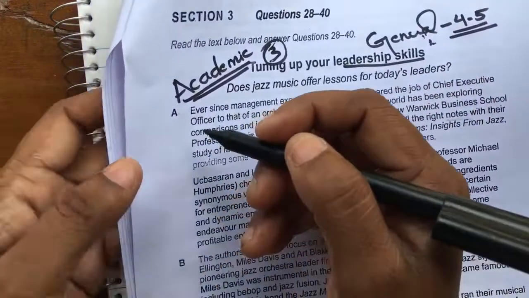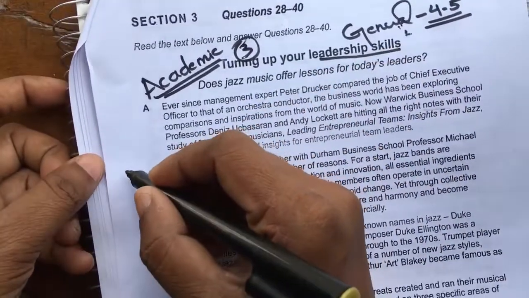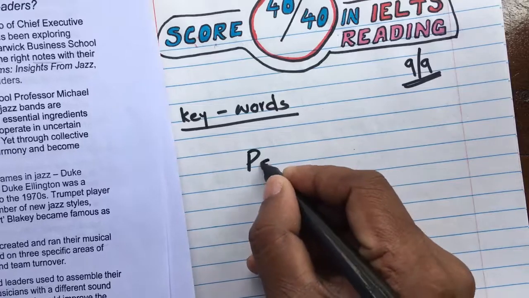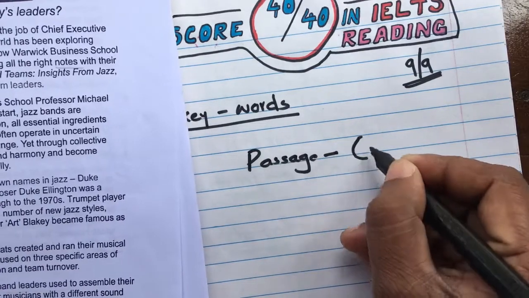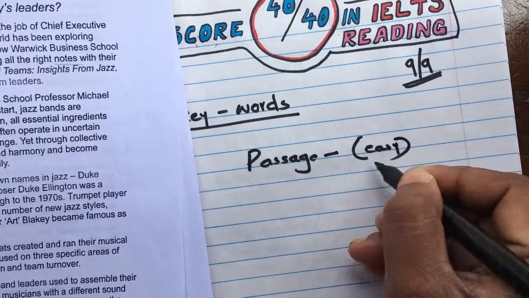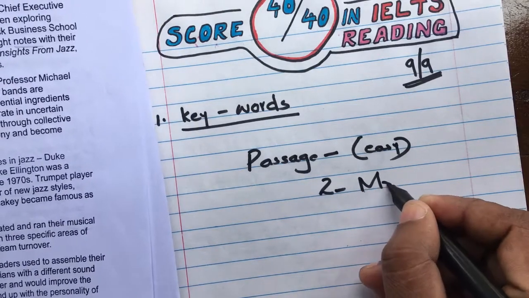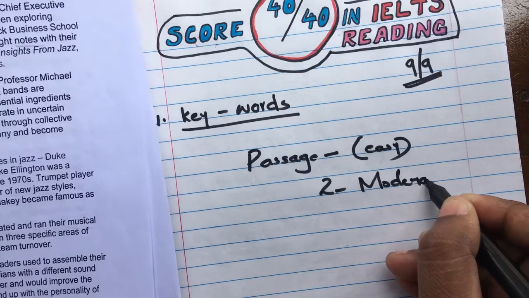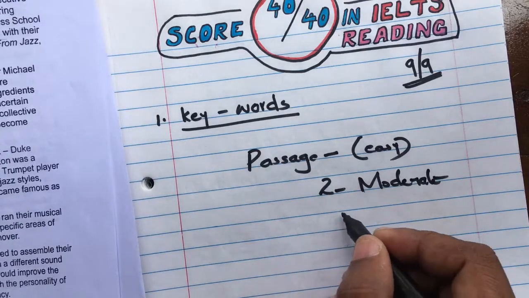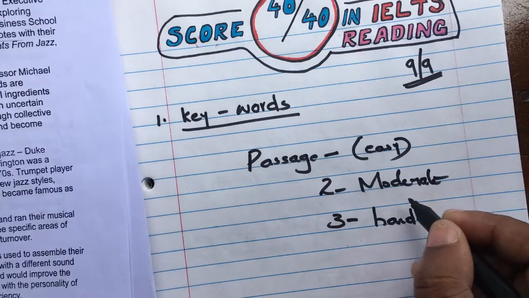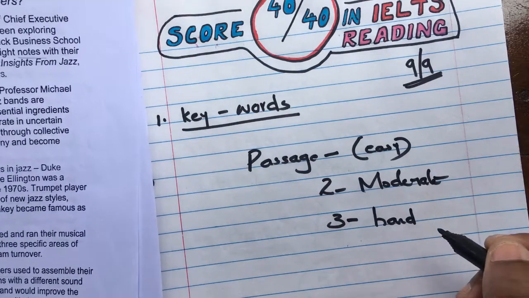I could say that passage 1, for example, can be kind of easy. Passage 2 can be moderately easy, okay, it can be moderate. And passage 3 can be kind of hard, or just above moderately difficult, or something like that.